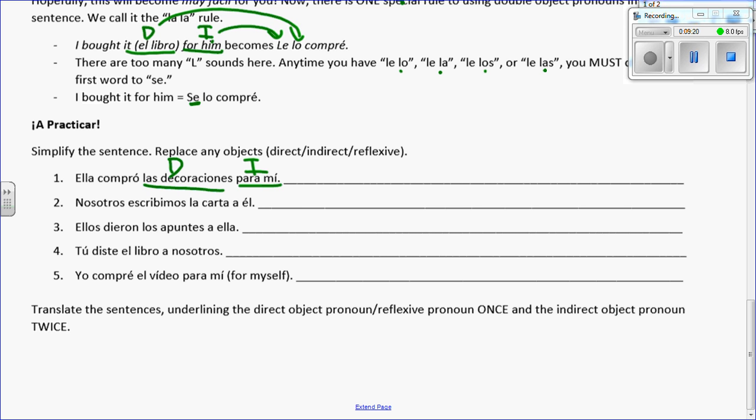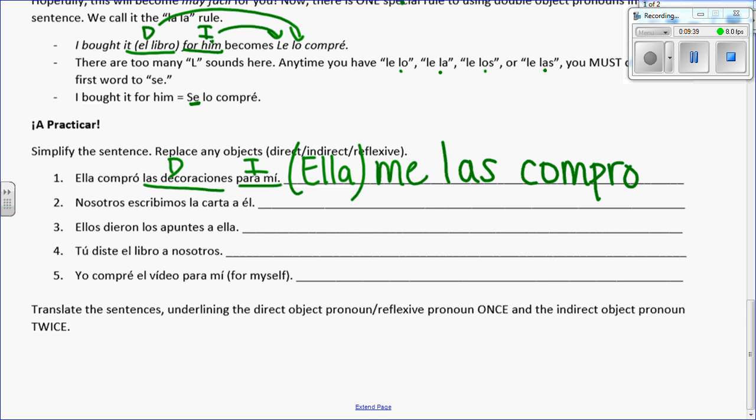Okay, so my I is going to come first. If you want to put the ella, you can. That has to go at the beginning. Me. And what am I going to replace las decoraciones with? Me las. And then your verb does not change, okay, because she's buying them. Ella las compró.